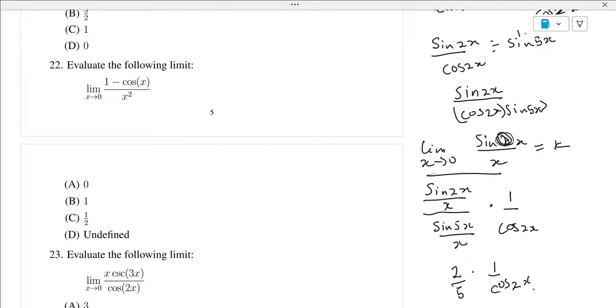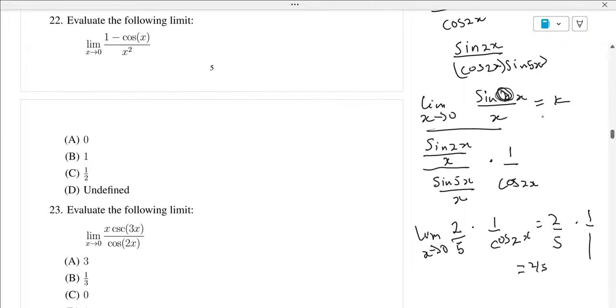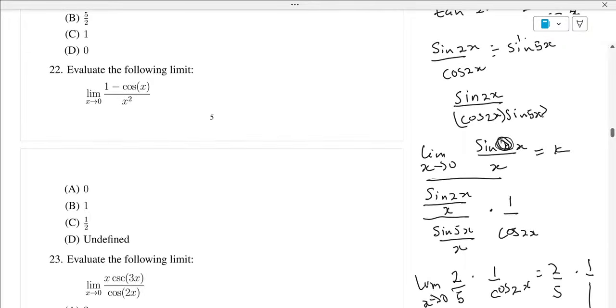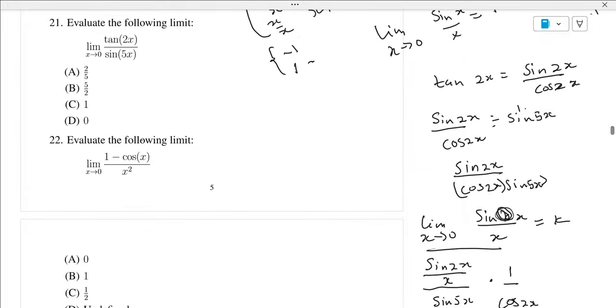Now we can evaluate our limit as x approaches 0. Then we now have 2 over 5 times 1 on 1, and that will give us 2 over 5 as our answer. So the answer is A.